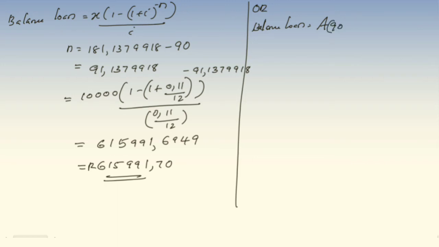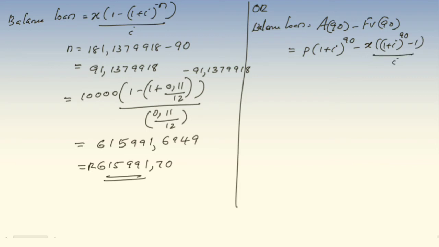Compound interest formula for 90 minus the future value formula for 90. So it's going to be P times 1 plus i to the power 90 minus the future value formula, x times 1 plus i to the power 90 minus 1 divided by i.